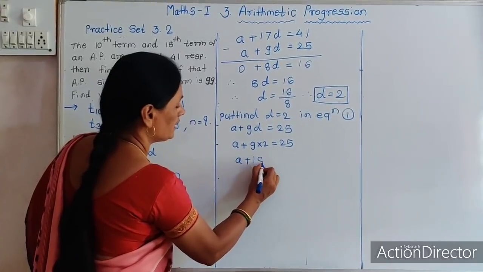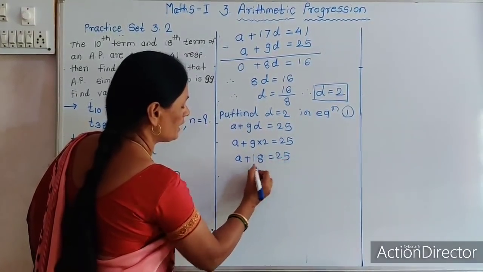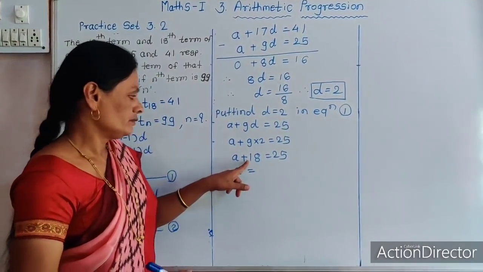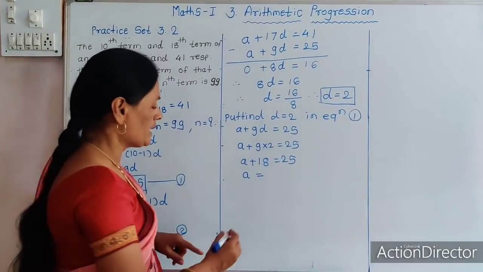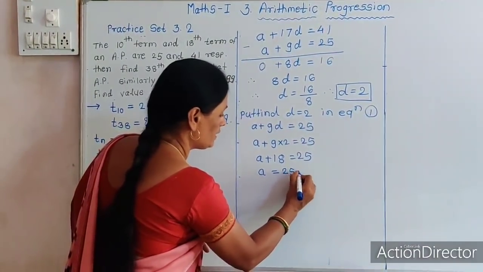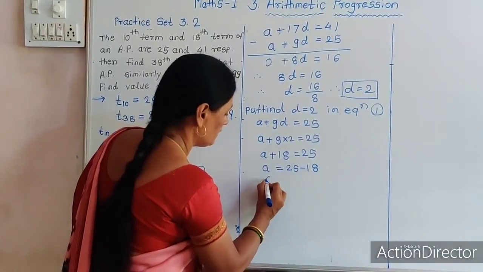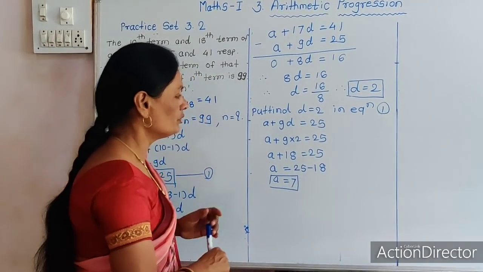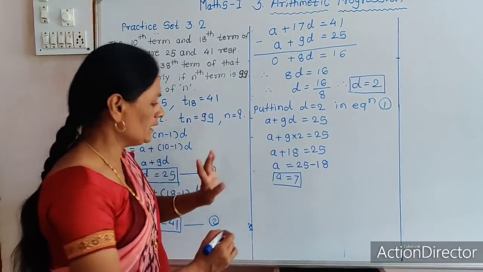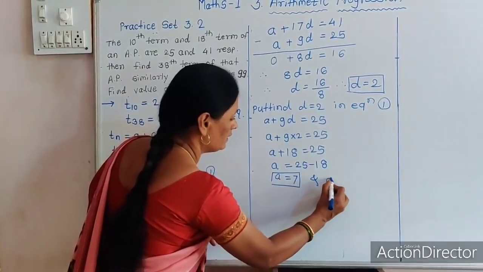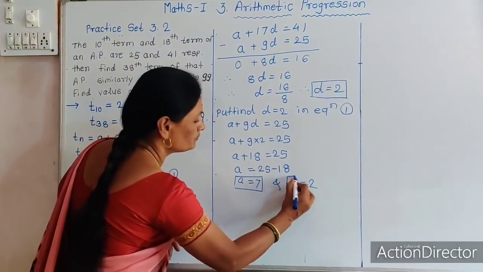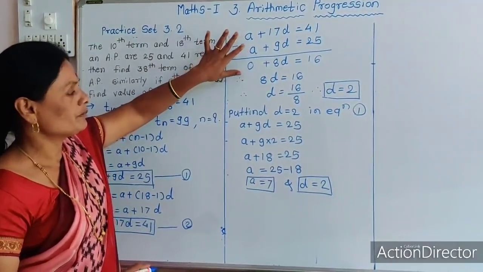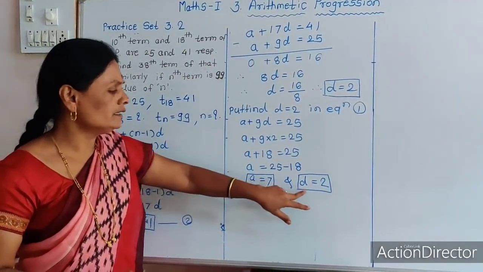A plus 18 is equal to 25. A is equal to, 18 becomes minus, 25 minus 18. A is equal to 7. Now we get the values of A and D. A is equal to 7 and D is equal to 2. We solved these two linear equations for finding the values of variables A and D.